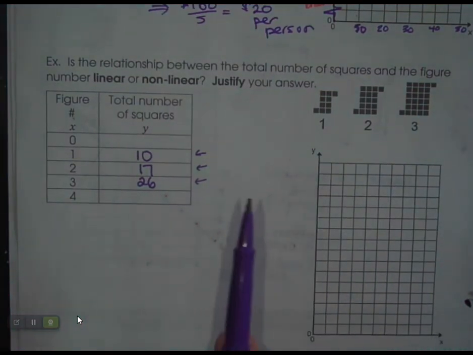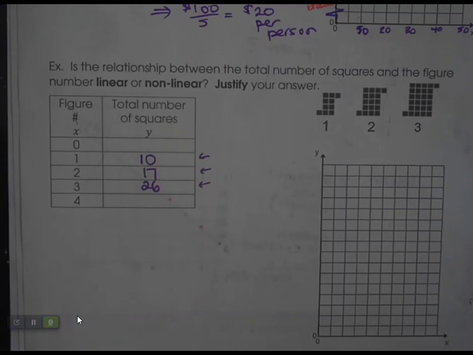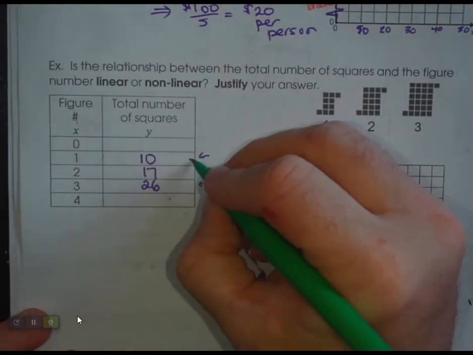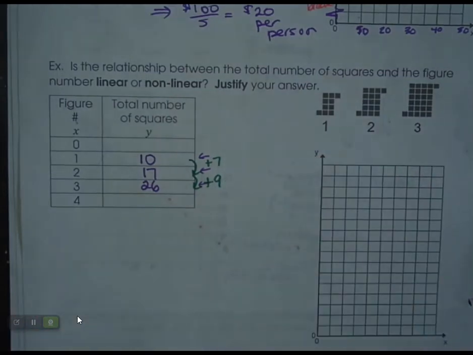So hopefully you would have counted those squares, and you look at those patterns and say, well, is there something consistent? Well, if I look at this, I added 7, and here I added 9. Do you think that's linear?